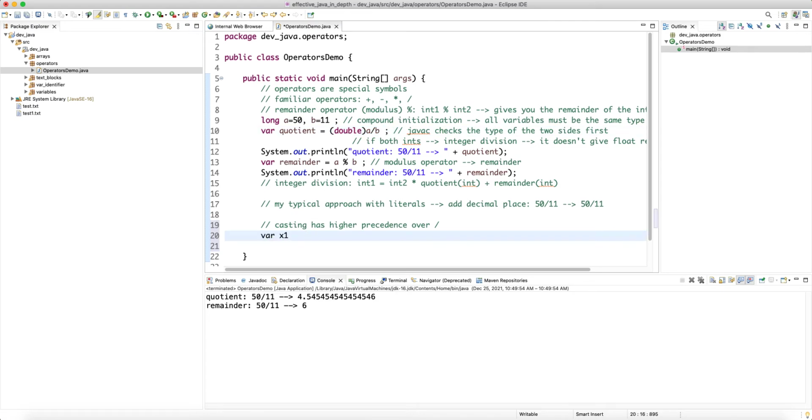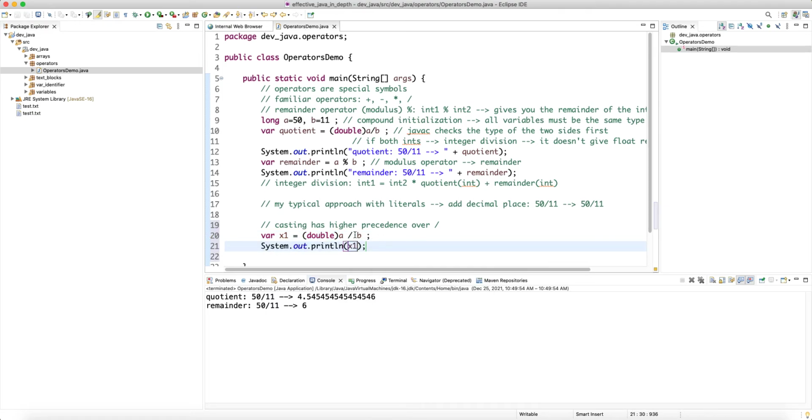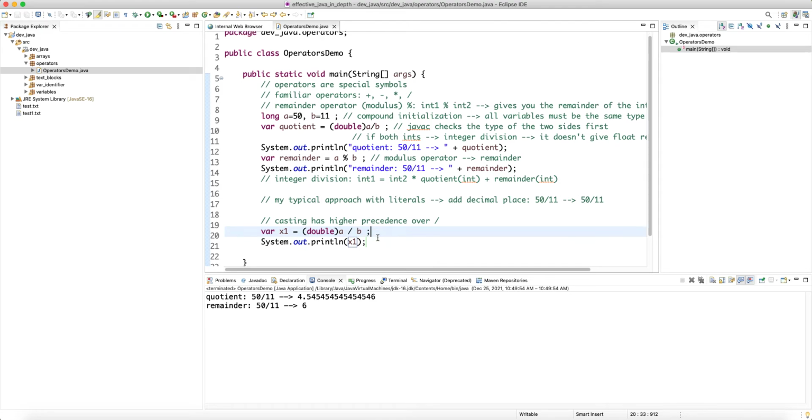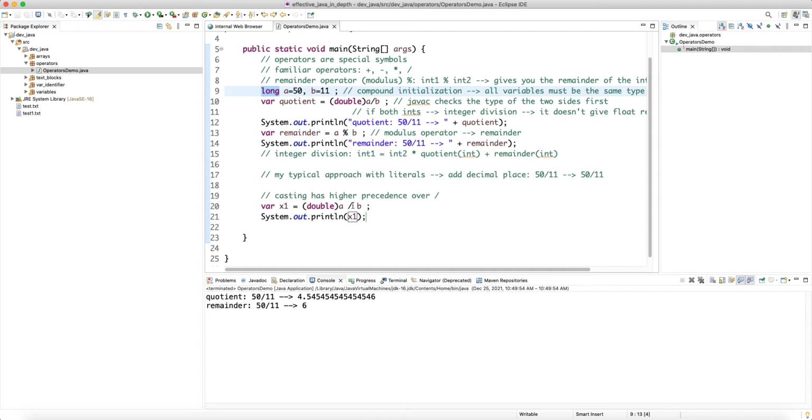So var x1 is double a over b, right? What happens here is that a is first promoted or converted to double, and then we have a double, or floating point number, divided by an integer, and this integer is also promoted to a floating point, which is a double, because a long can be converted to double.